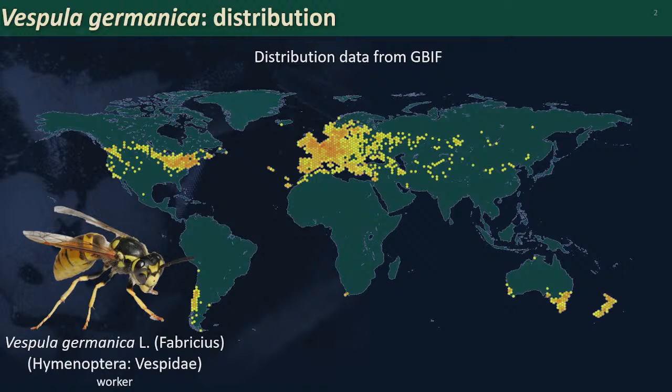It is able to feed on a large variety of food, for example small invertebrates and small vertebrates, sugar, carbohydrates from fruits, and also human food and waste. So it allows the species to survive in a lot of different environments.